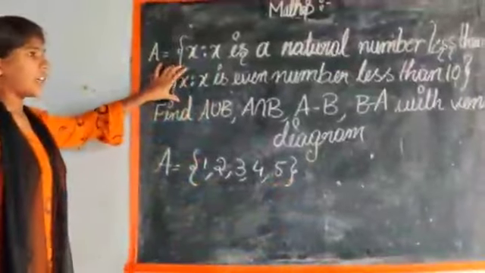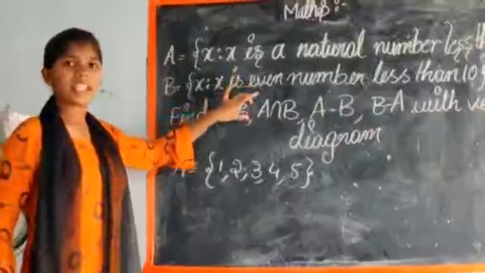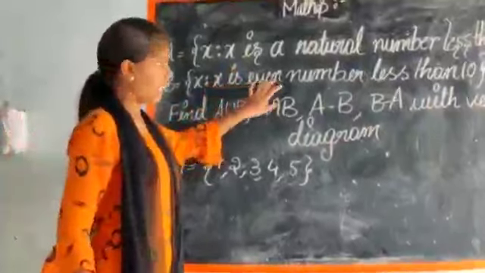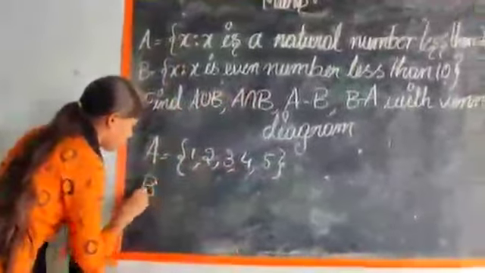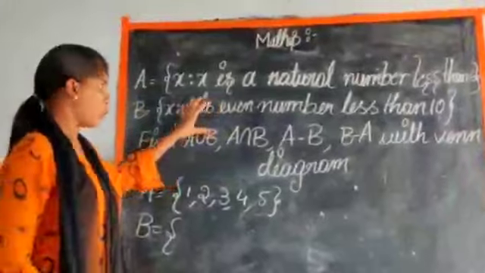So second set. In the second set the information given is x such that x is an even number less than 10. The even numbers start from 2.